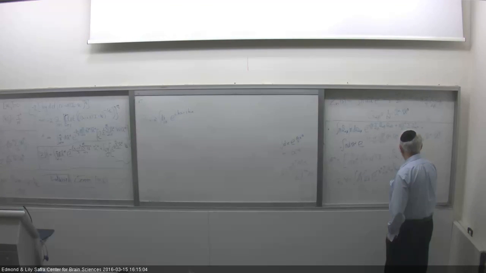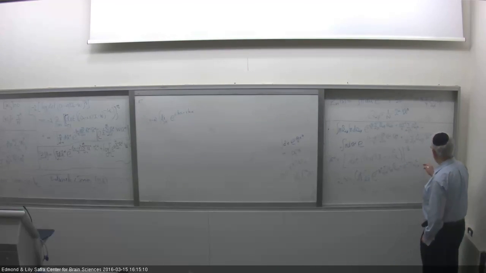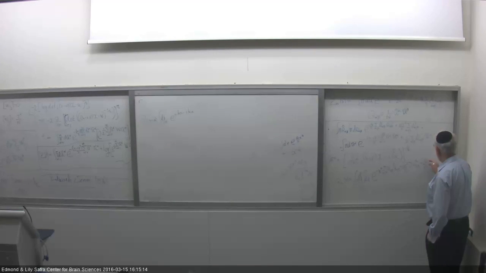We have n J square over 4 times the sum of q alpha beta square. And then we have minus n over 2 times the log of the determinant of this matrix, lambda minus I epsilon I minus q hat, a little n by little n matrix.